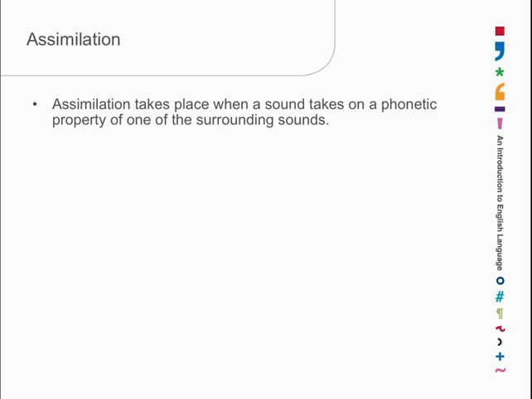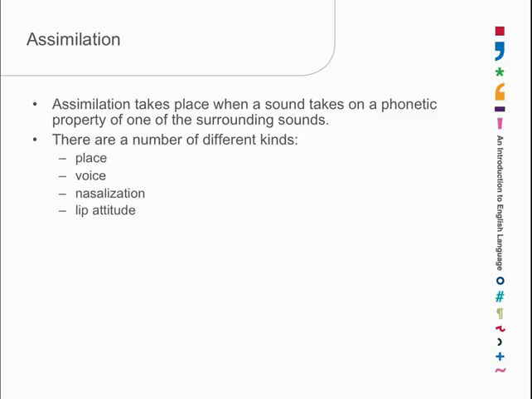Some change their voicing. Some become nasalized. Others change their lip attitude. The lips might be rounded or spread normally, but move to the other position depending on the sounds that are on either side. And finally, there's a process where two sounds are fused, creating a third.